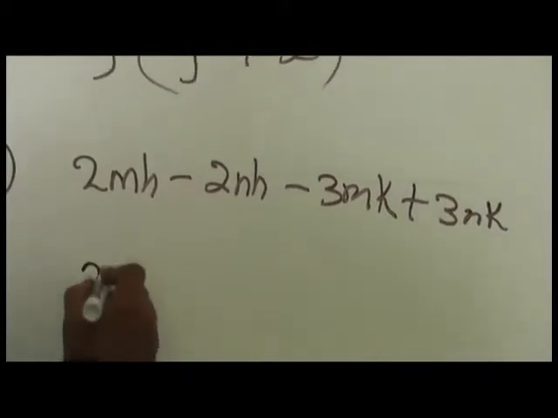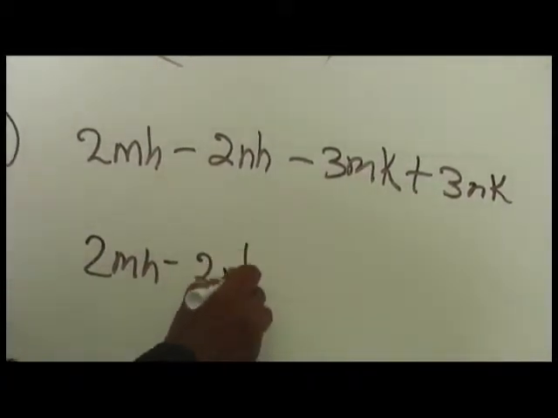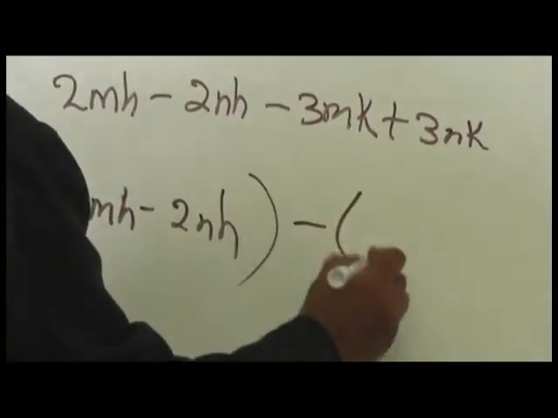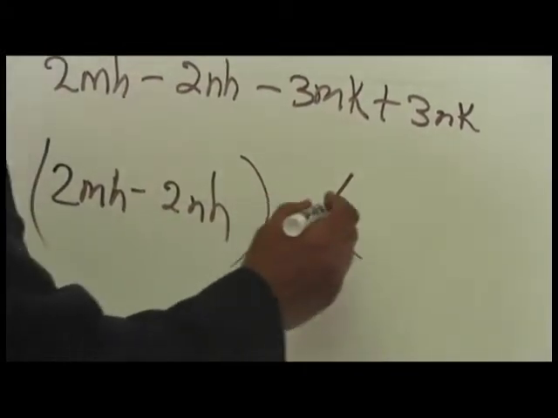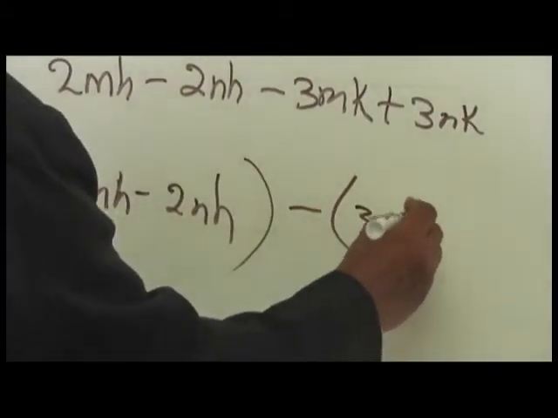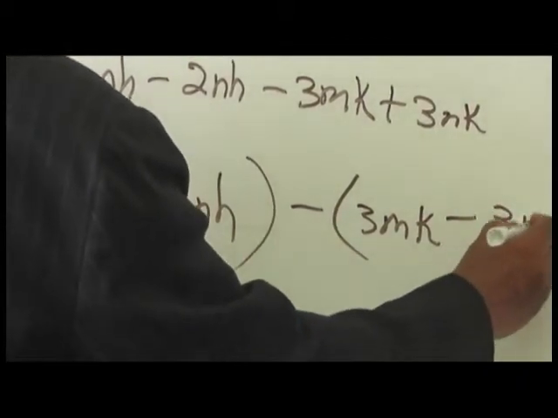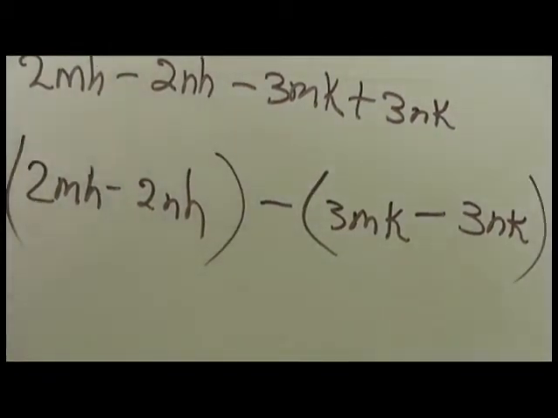Just how they have given you, put your brackets around them. So you have 2mh minus 2nh, okay, bracket, minus. Now a light bulb should go off, because you have a minus in front and you're putting them in a bracket. So what are we going to do to the signs inside? Change it to a negative 3nk. So we change it to a negative whilst we're putting it in.